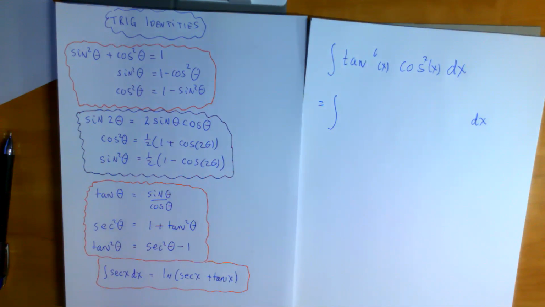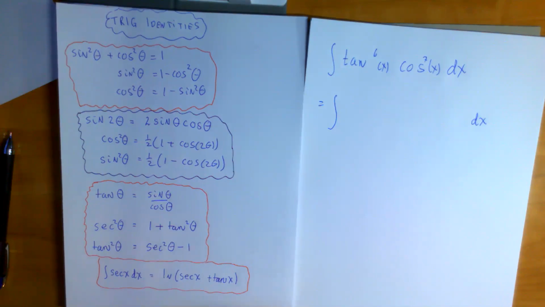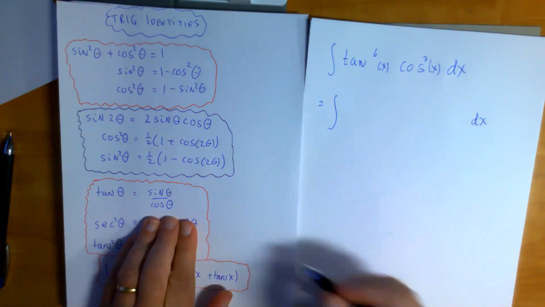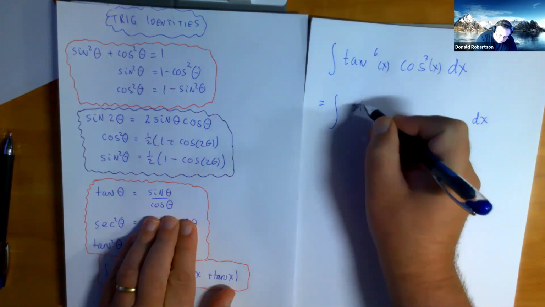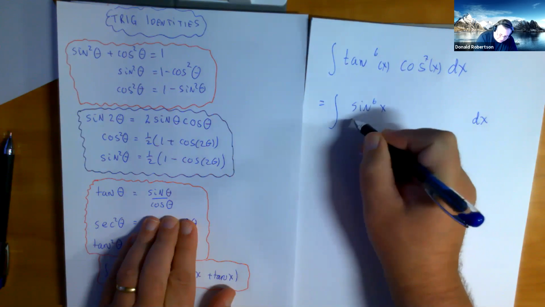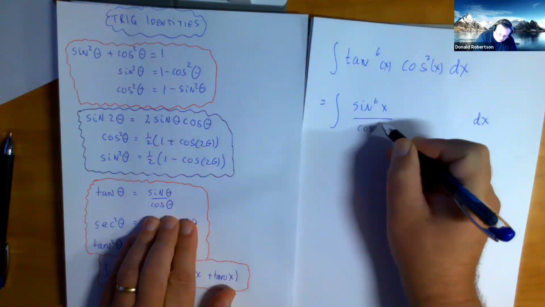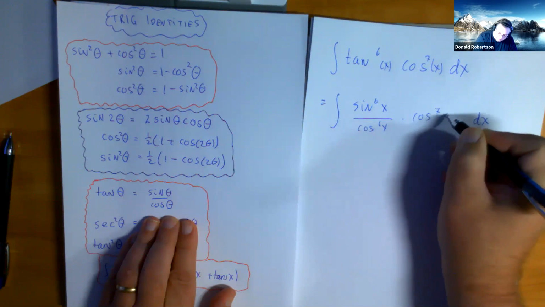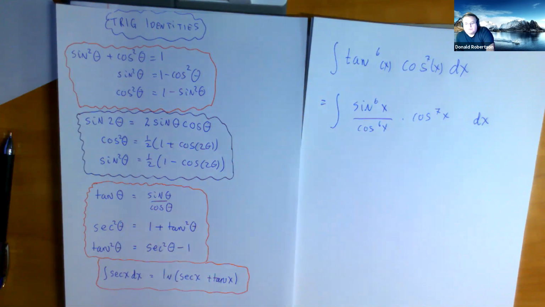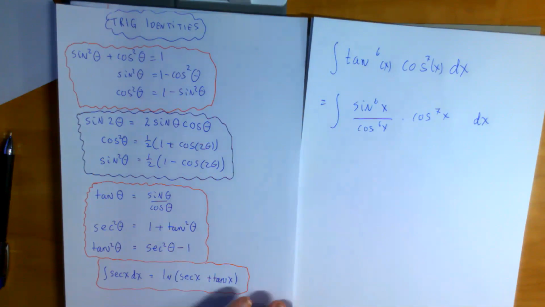Change the tan to sine over cosine. So I'm going to use this one. And this guy becomes that fella over this fella times that fella. What's going to happen now? Gonna cross out the cosines.